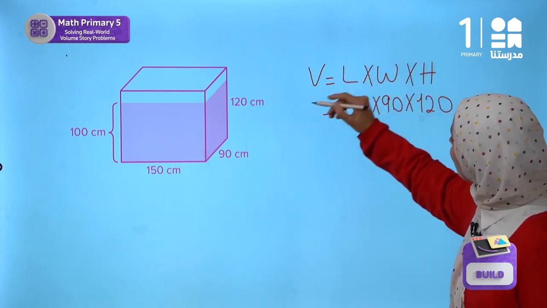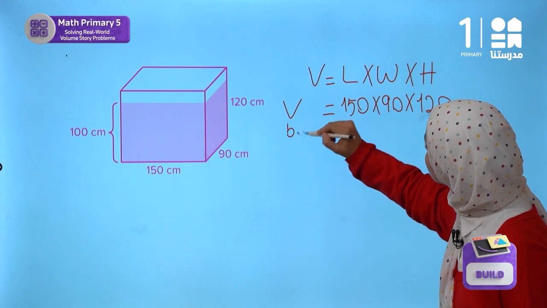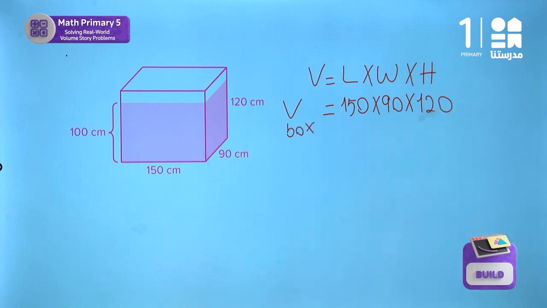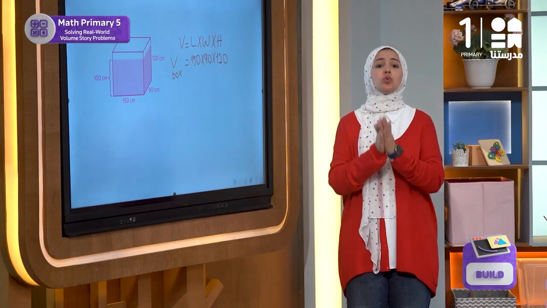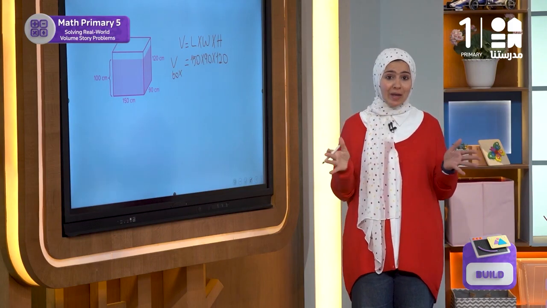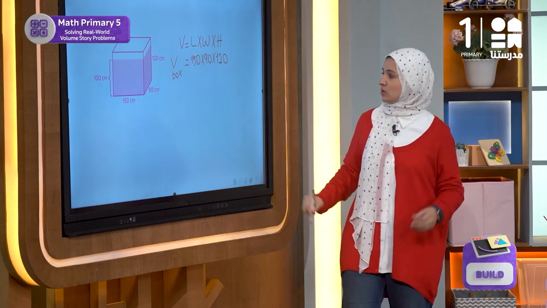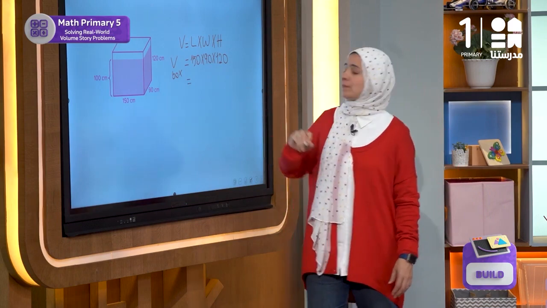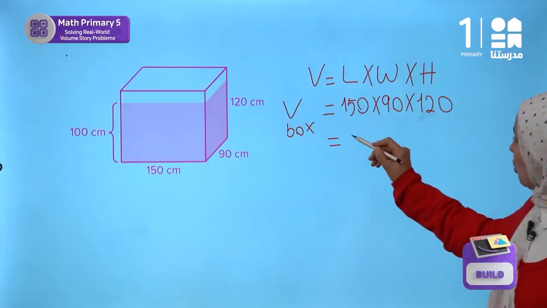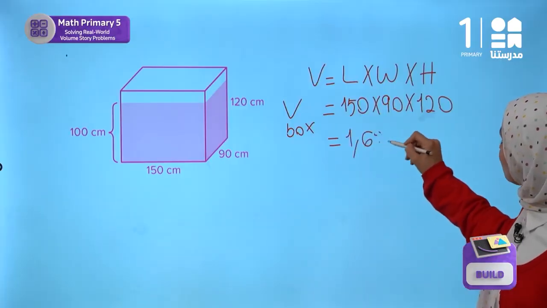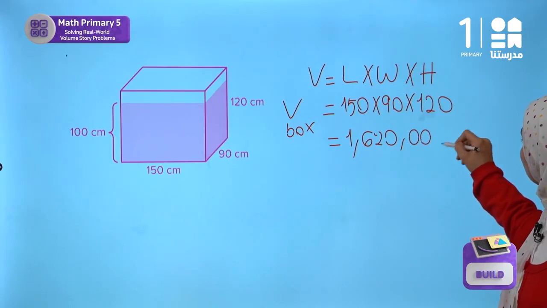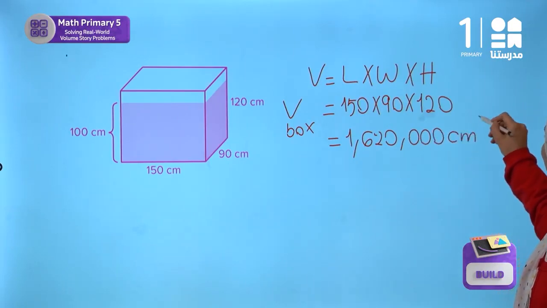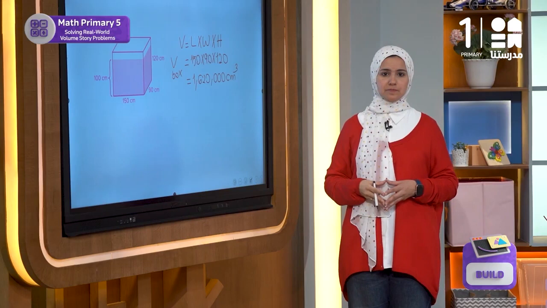And this is for the volume of the box. Right, like that. And this is going to be equal to 1,620,000 cubic centimeters. So let's write the volume together. 1,620,000 cubic centimeters, like that.